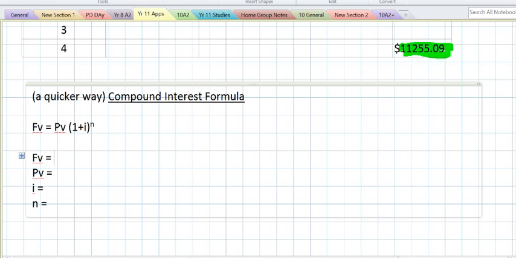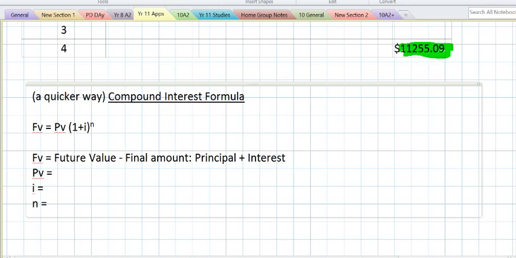Now this formula looks okay when you first see it, but there's some tricky parts to it. FV stands for future value, which is the value at the end of the time period. So the amount of money at the end, or final amount. Note this is going to be equal to the principal plus the interest.